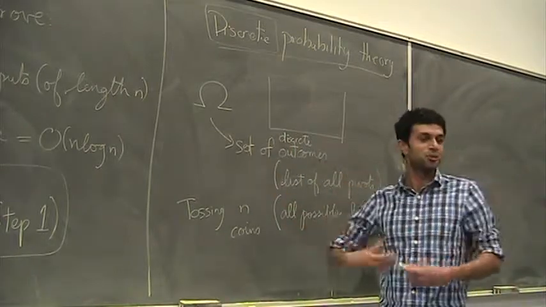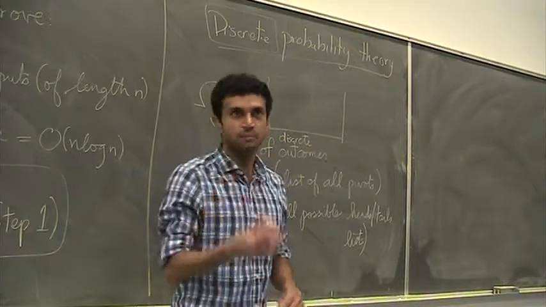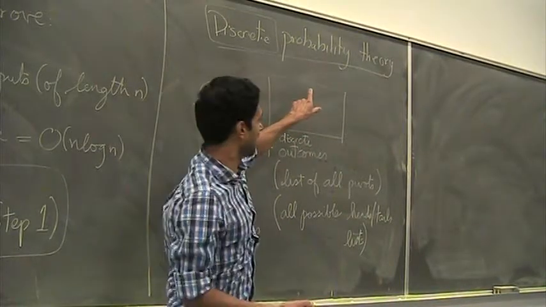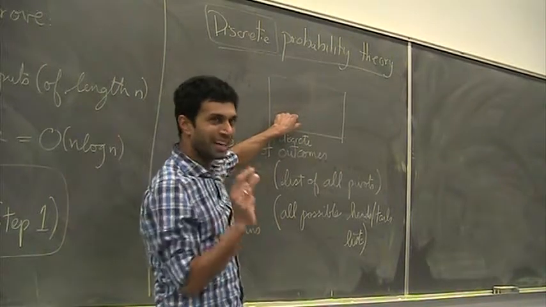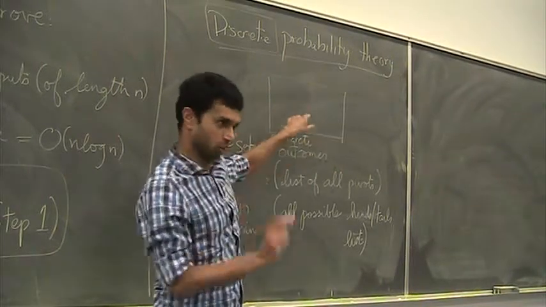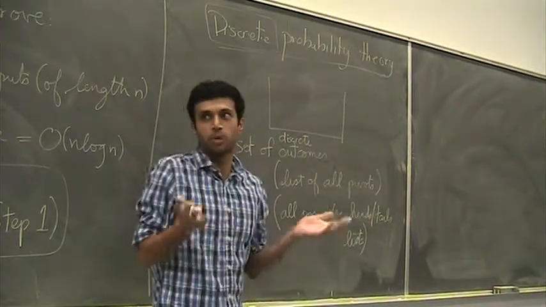So what is probability? Let's go philosophical. What does probability even mean? Probability simply says that you assign a number to each outcome. You assign a non-negative number to each outcome, so that the sum of those numbers is 1. That's what a probability is.